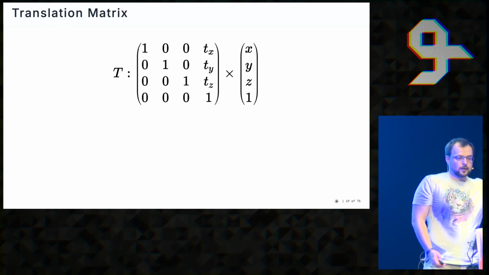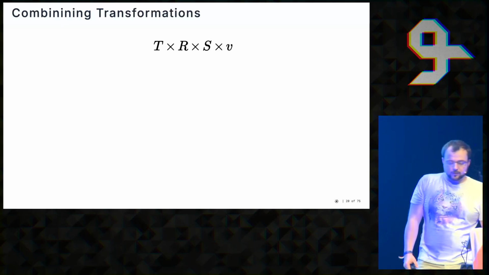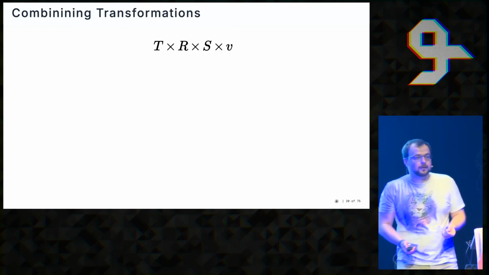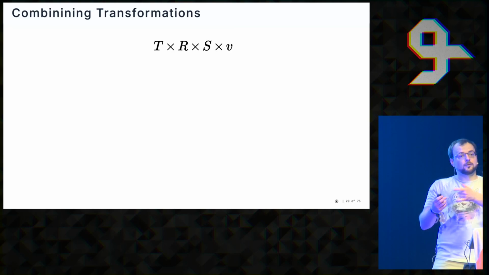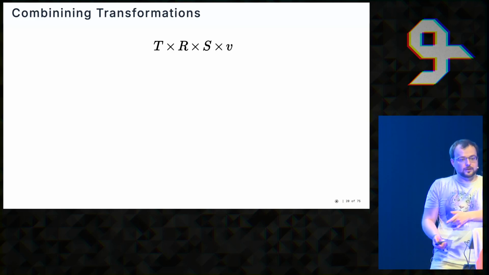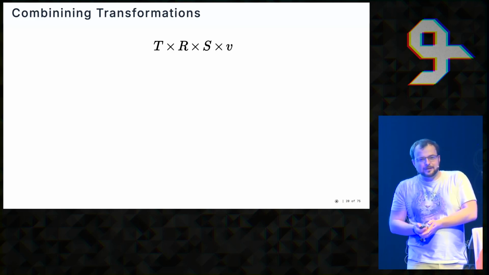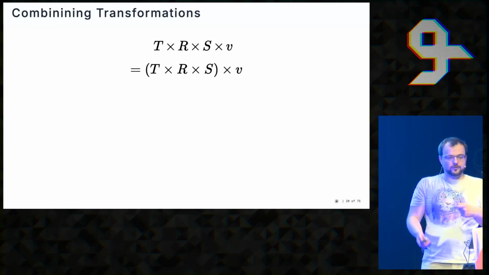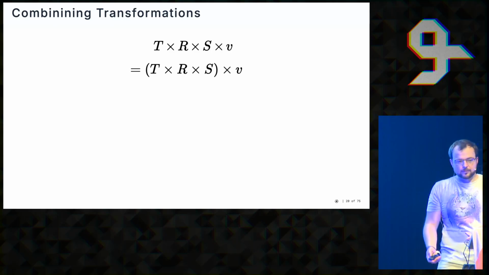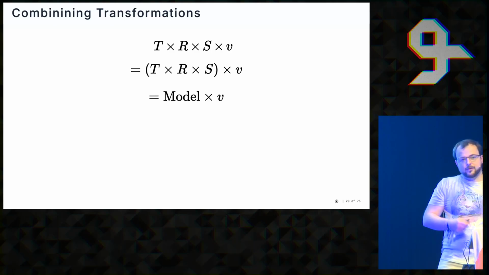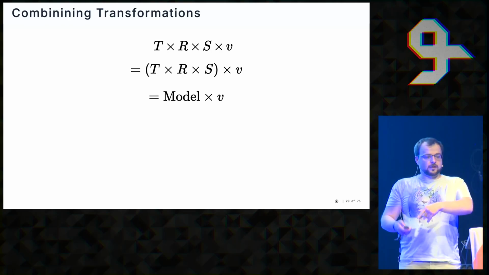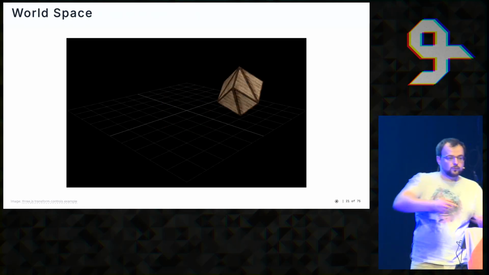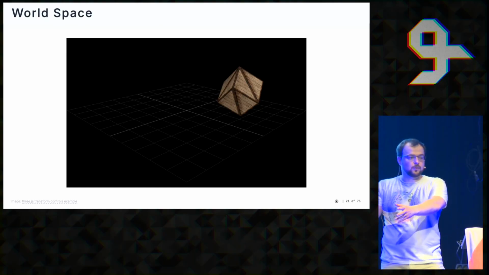We can translate things, we can rotate things, we can scale things. And since we're working with matrices here, they can also be multiplied with one another to combine transformation. And conveniently for us, matrix multiplication is associative. So you can just combine all of this into a single matrix that we will call the model matrix, which essentially transforms a model from model space into world space, which is the actual scene we want to render.